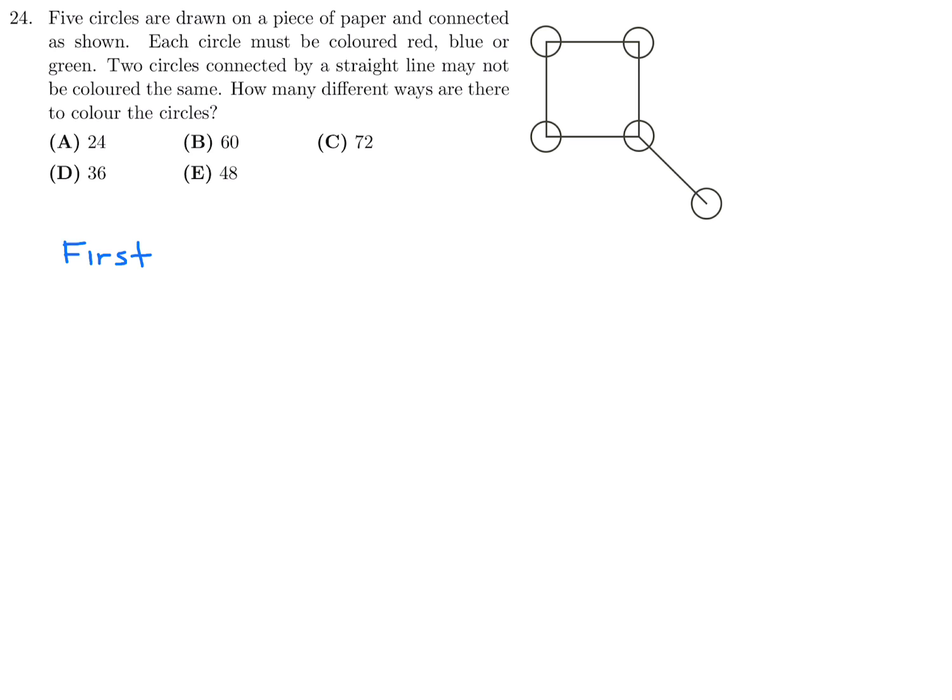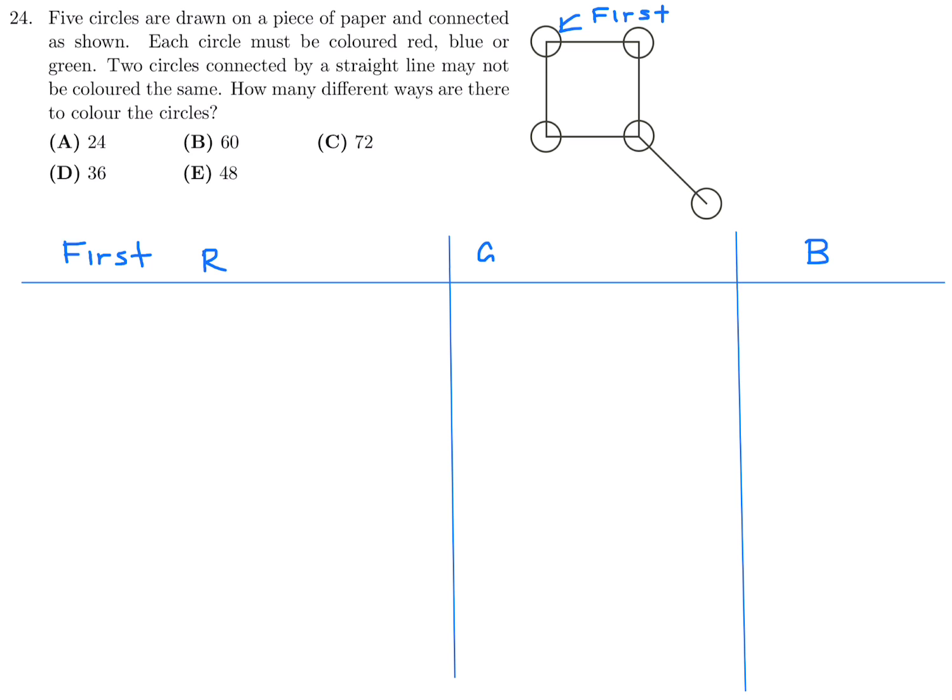What I'm going to do is concentrate on just the first circle right there. I'll call that the first circle. And the first circle can be either red, green, or blue, right? And then what we'll do is look at each scenario. So if the first color is red, that means we can have the next color be green, right?